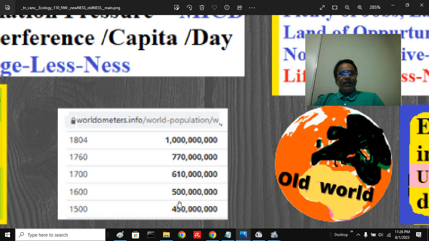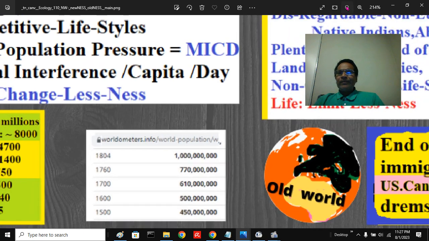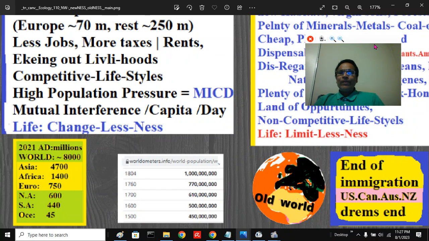Remember 1500, you remember 450 or 500 million people, 1600 the same, 1700 you make it round about 700 million people. In 1804 or 1818 there is 1 billion people on planet Earth. When the Europeans discovered the New World, voyages and discoveries, there used to be around 500 million people, roughly. By 1818, there are 1 billion people.